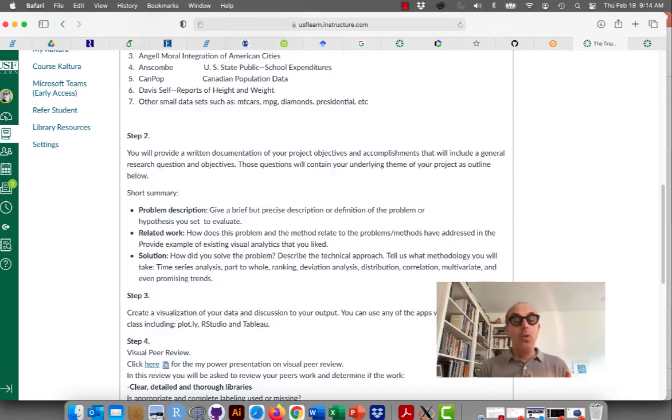Example, if you are into sports, no one is counting how many mistakes players make in the game. So you're going to collect this data and you're going to visualize it. This is part of the problem, that things like that do not exist.